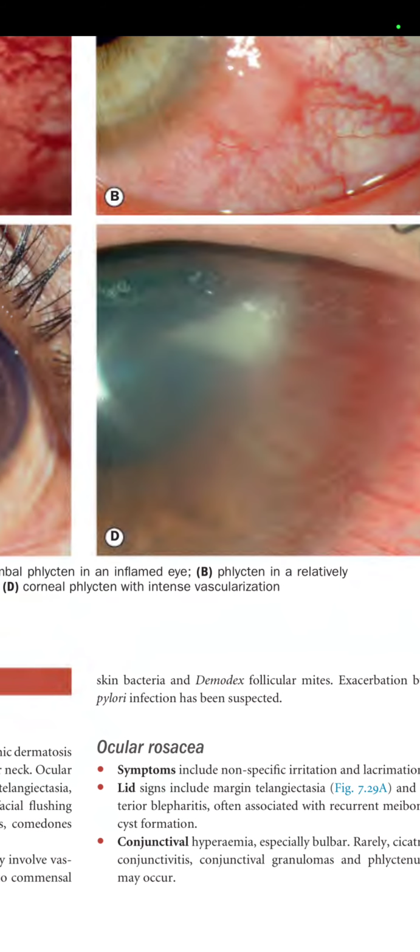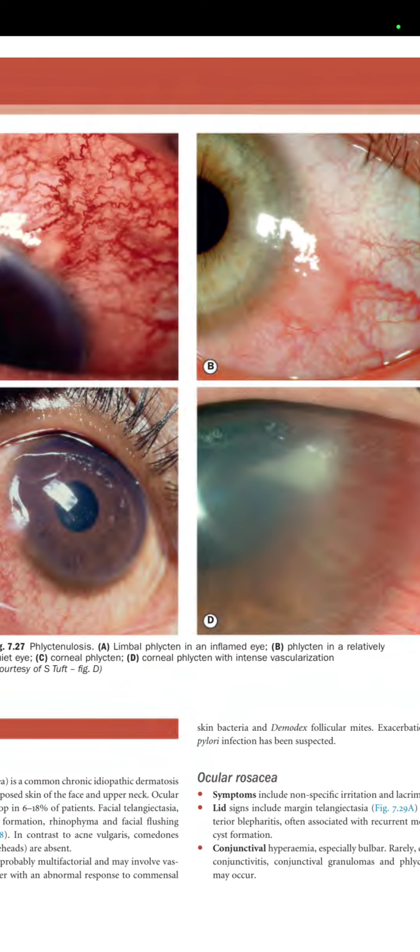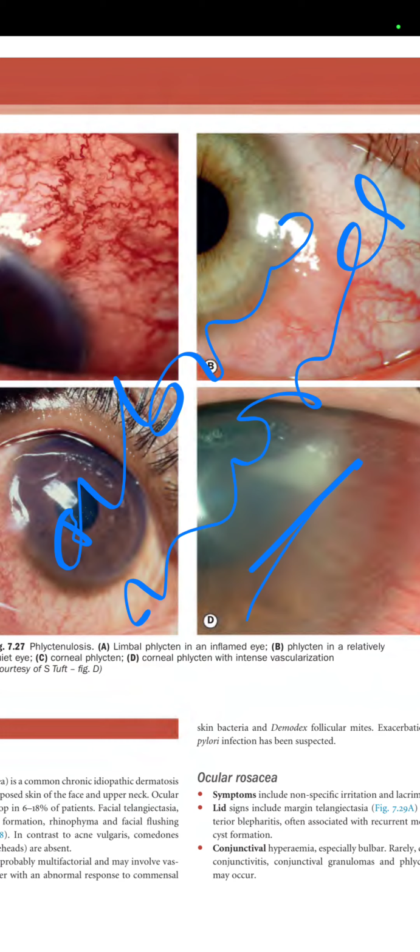Exacerbation by H. pylori infection has been suspected. So basically, this skin condition is an abnormal response to the normal skin bacteria, especially Demodex follicular mites.